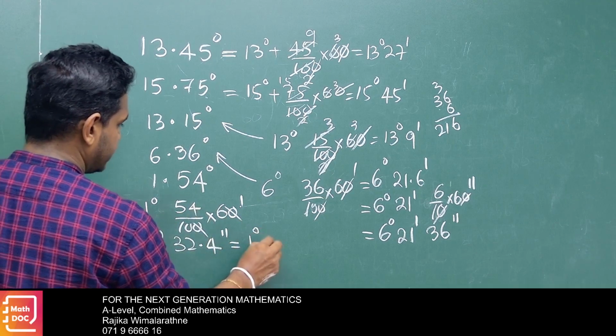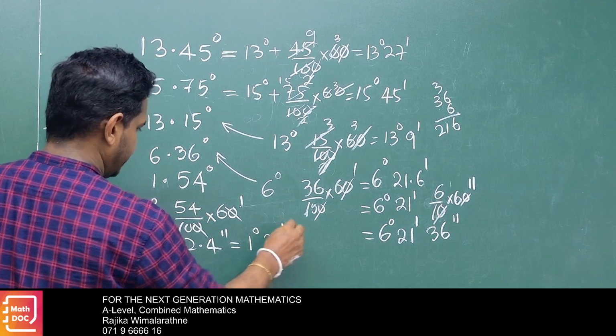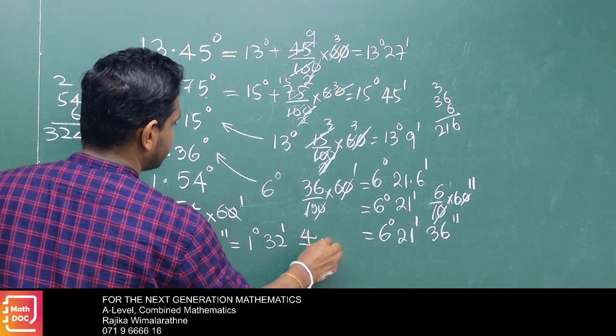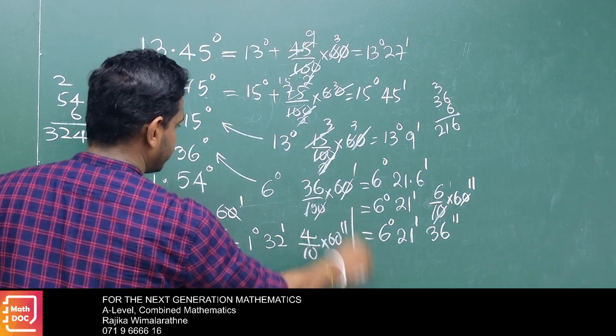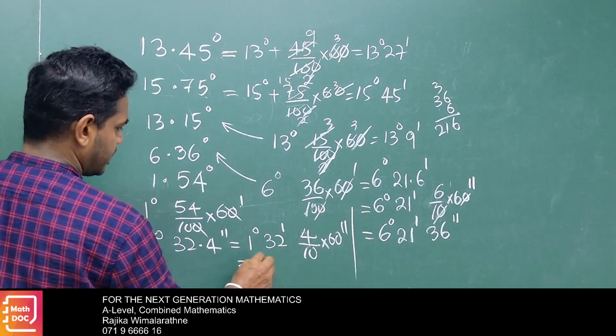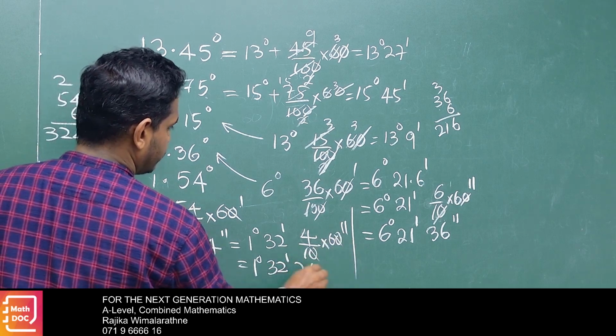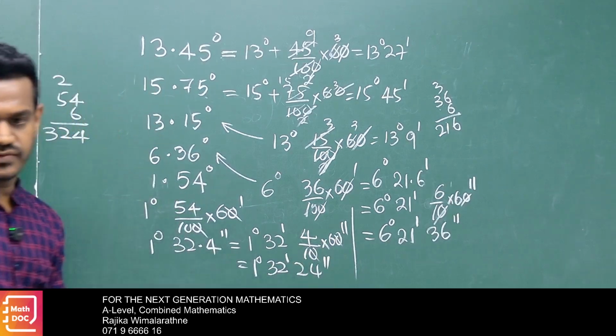Then 1 degree 32 minutes. 4 over 10 times 60 seconds now. Then 1 degree 32 minutes 24 seconds.